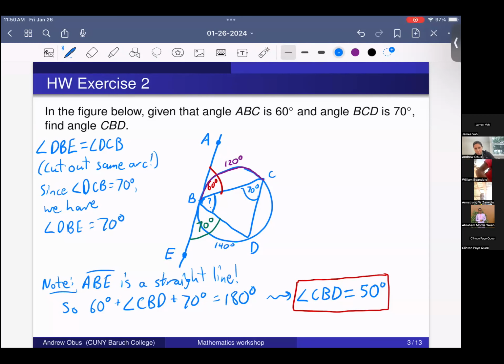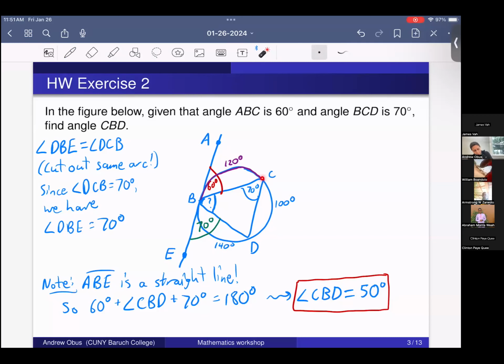And now, well, the full circle is 360 degrees. So I have 120 here and then 140. So that's 260 degrees. And so there's one more arc left. This arc over here has to be 100 degrees in order to make everything add up to 360. So this is 100 degrees.